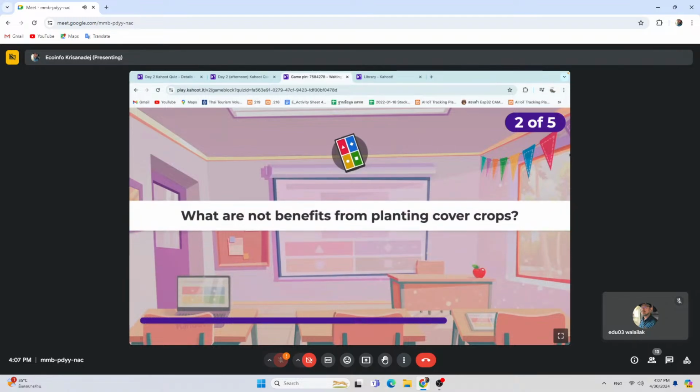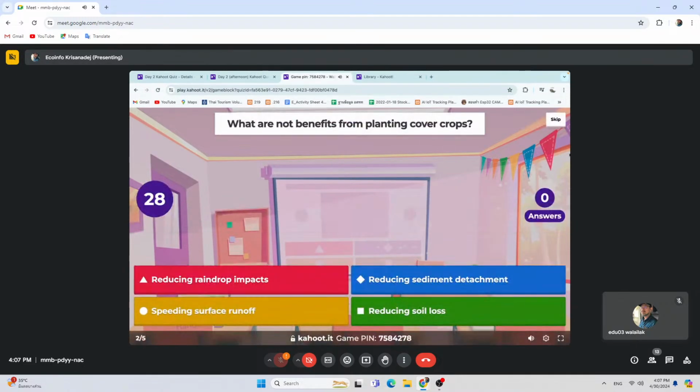What are not benefits from planting cover crops? Reducing raindrop impacts, speeding surface runoff, reducing sediment detachment, reducing soil loss.